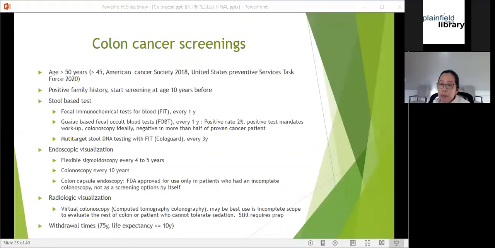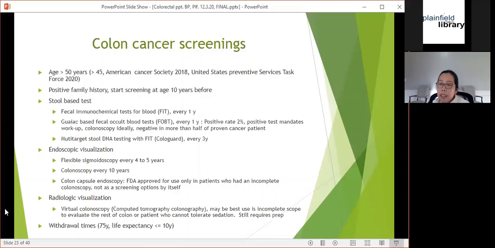The United States Preventive Services Task Force also intended to lower the screening age to 45 in 2020. If a patient has a positive family history, screening should start 10 years earlier.